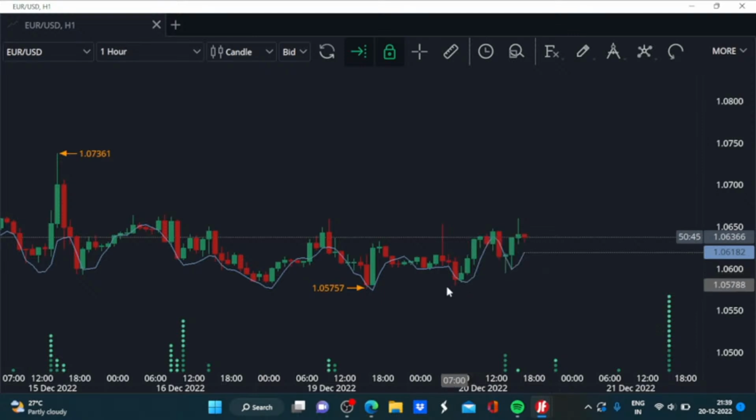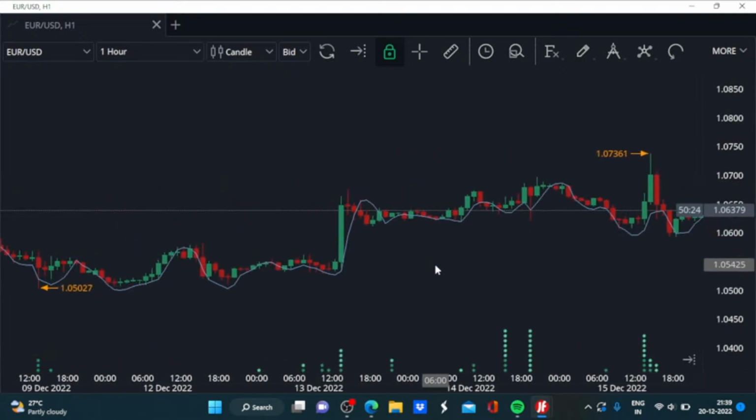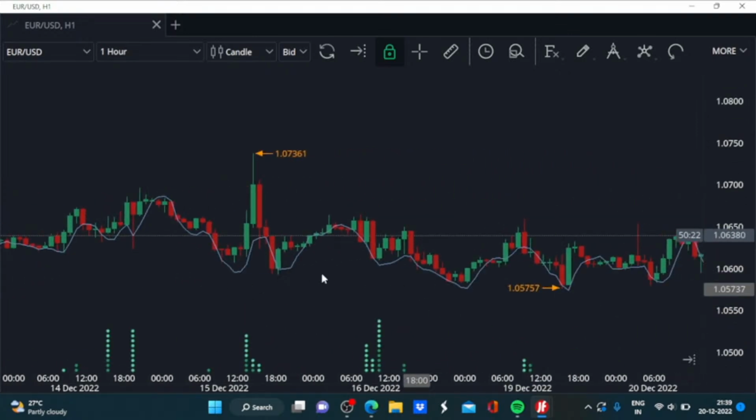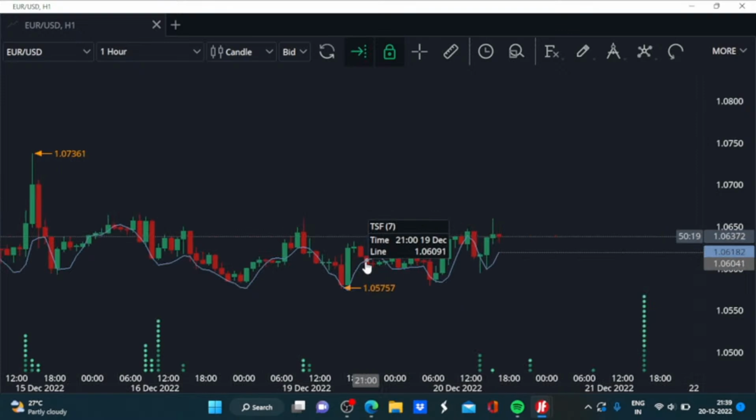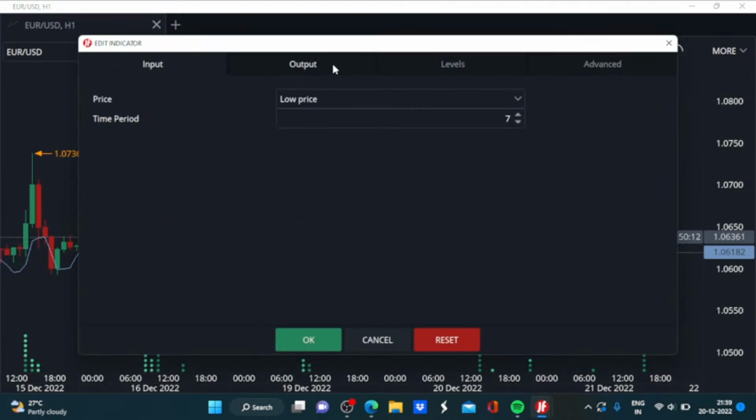As a result, any single candle's impact is going to be huge if it has a significant move, and that candle is going to cast its shadow, its impact, on this indicator, and as a result we will have these swift changes being observed in this indicator's plotting. So this is with the lower period.